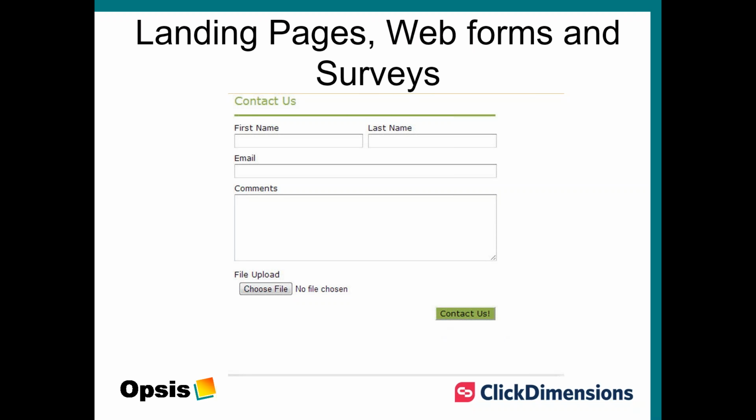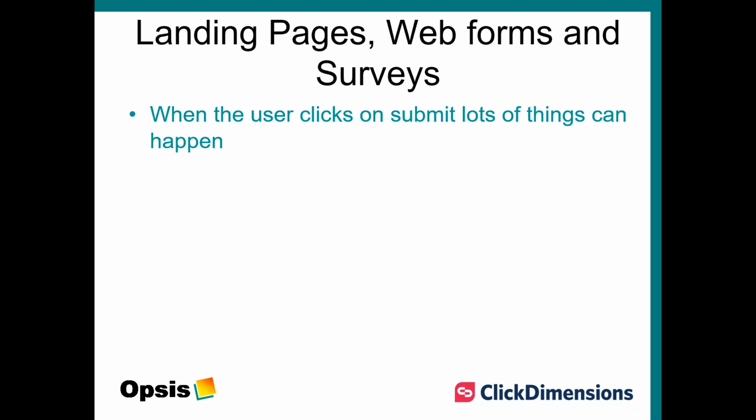And when the user clicks on that, there's a whole range of things that can happen. Logically, you would expect them to be sent an email of some sort, thanking them for whatever they've done. That email may, of course, have a link to a resource that they can then download.